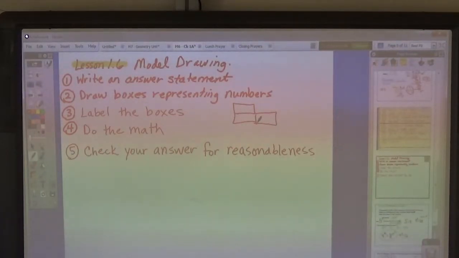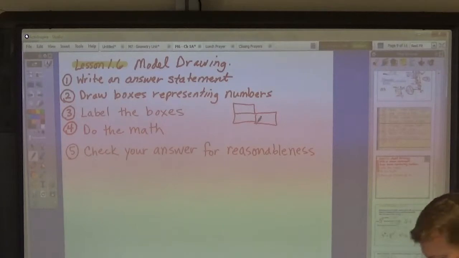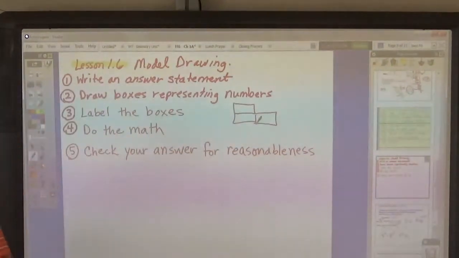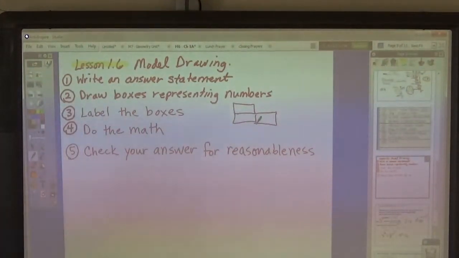All right, so we have to order the number of buses to take how many people? Bennett? 230 people have to get to a baseball game, and you have to order the right number of buses.